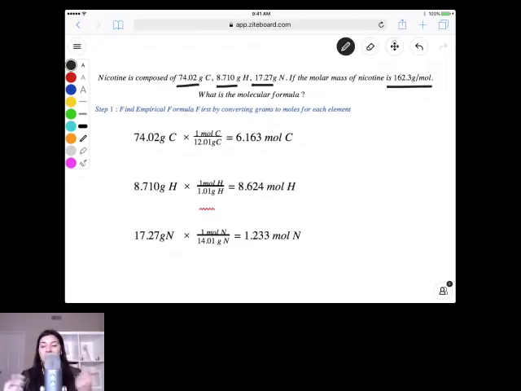So in our case, we're going to be converting grams to moles.